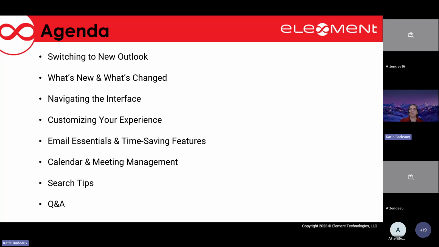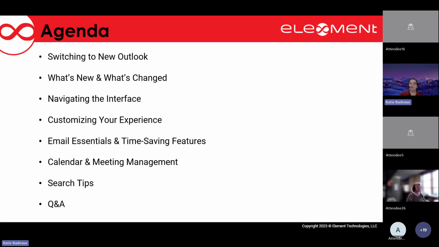And then we'll look through some email, calendar, and search tools and kind of just explore some of those options as well. At the end of the session, we'll leave some time for Q&A. So if you do have specific questions about New Outlook that you would like to review or that you've run into as you have been using the tool, we will have some time to discuss those things towards the end of the session.